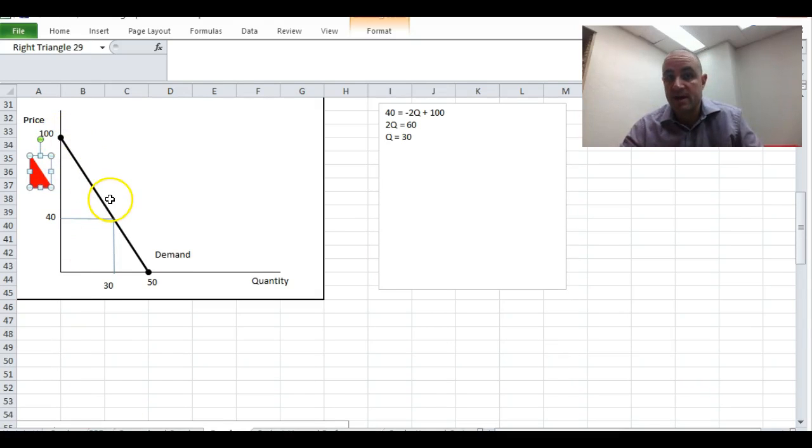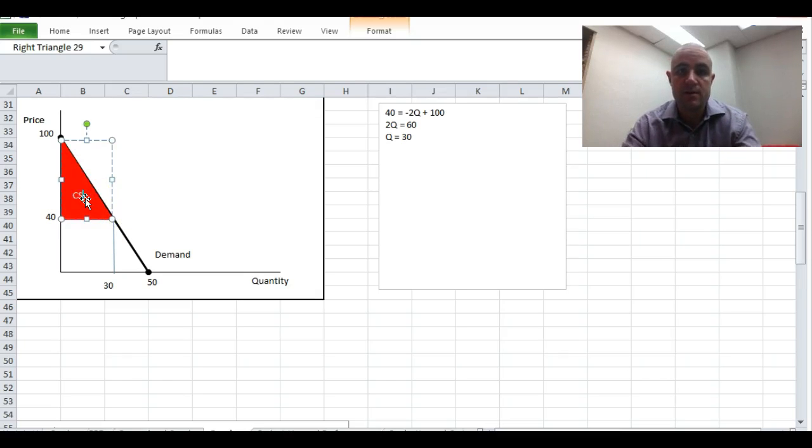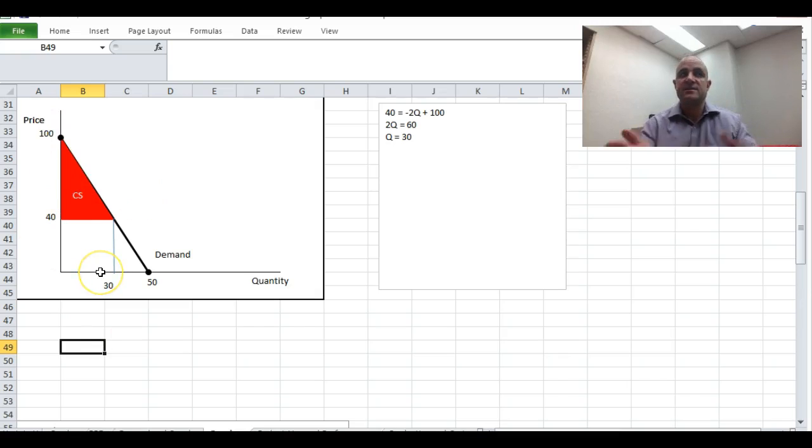That's how much they were willing to pay. The $40 is how much they did pay. Let's assume that 30 units were sold here. And so this area in here is going to be your consumer surplus. Right? This is the amount that consumers benefited by because they weren't paying that full amount.